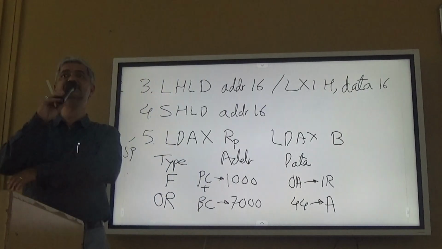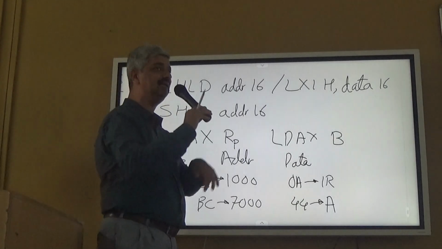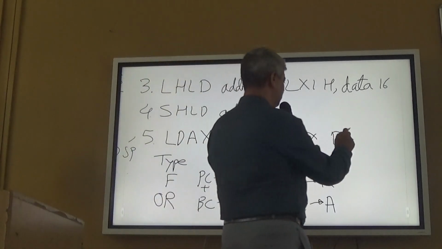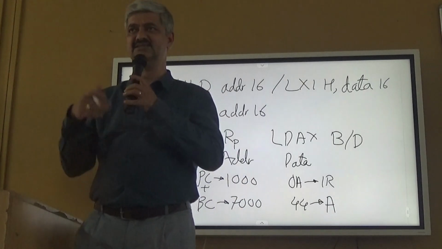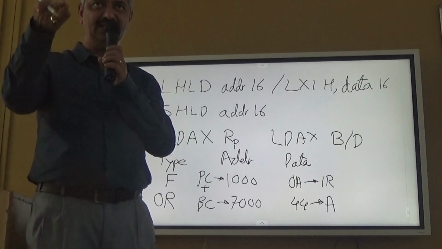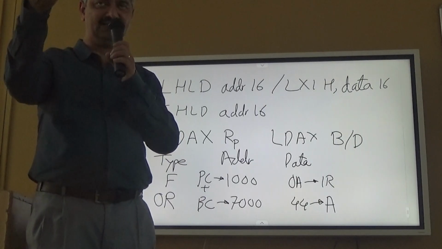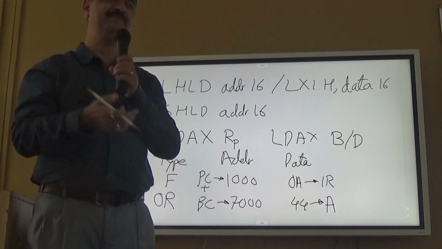So it is LDAX B. Similarly, there is LDAX D. Means other than B, it would be D. It will not be the BC pair, it will be the DE pair.